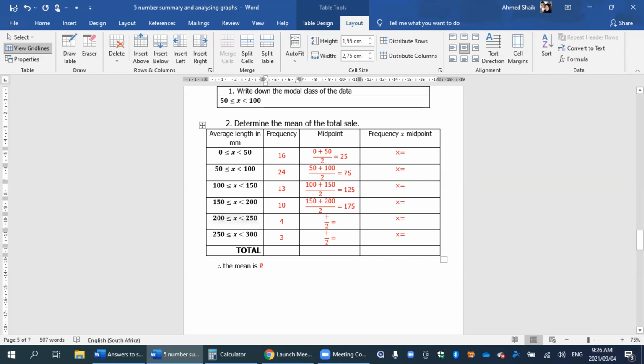Okay, we're looking at the fifth interval, and my first value is 200. The second value is 250, and 200 plus 250 is 450. 450 divided by 2 would give me 225.